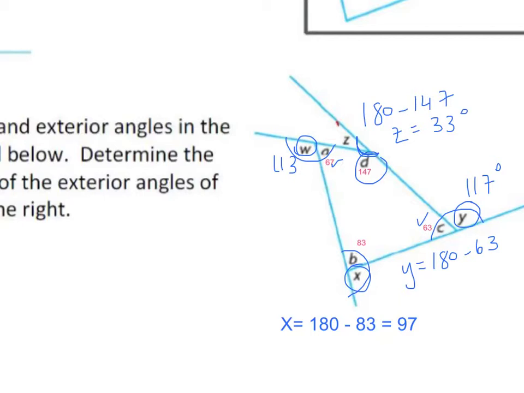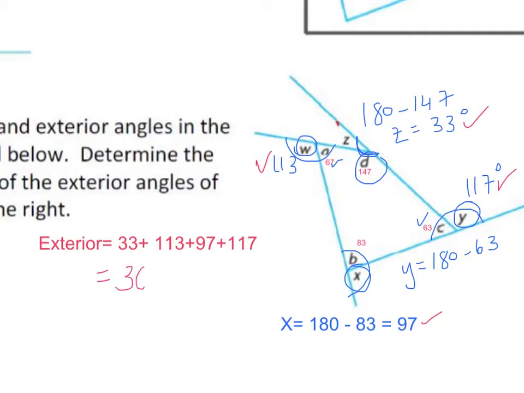Now to find the sum of the exterior angles, we're going to add up all the exterior angles together. So we're going to add up this angle, this angle, this angle, and this one. We get that the exterior angle sum is 33 plus 113 plus 97 plus 117, which gives us a total of 360 degrees.